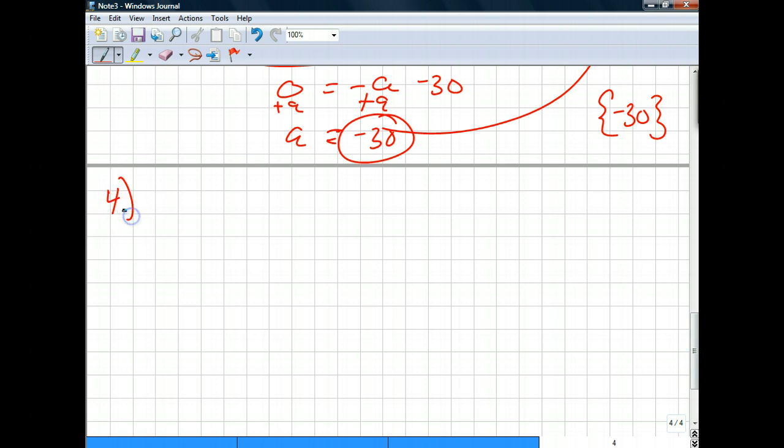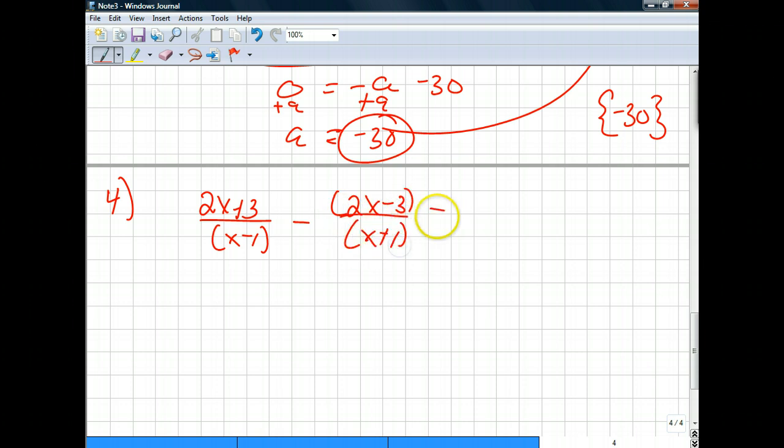Example 4. I have 2x plus 3 over x minus 1 minus 2x minus 3 over x plus 1 equals 10 over x squared minus 1. Again, first step is we need to see what the common multiple is, so we need to factor this. That's going to be x plus 1, x minus 1. So the least common multiple is going to be x plus 1, x minus 1.